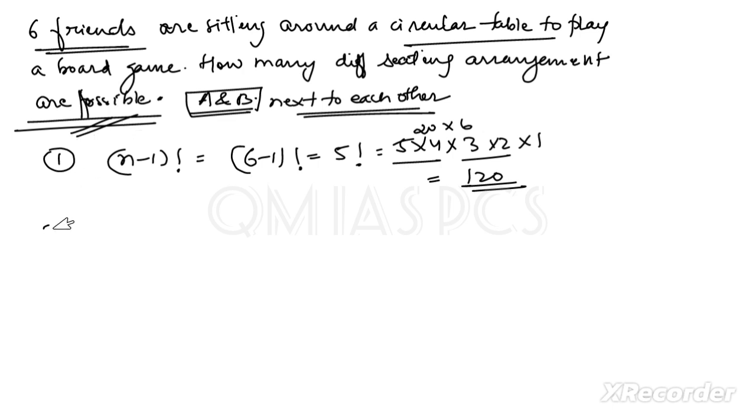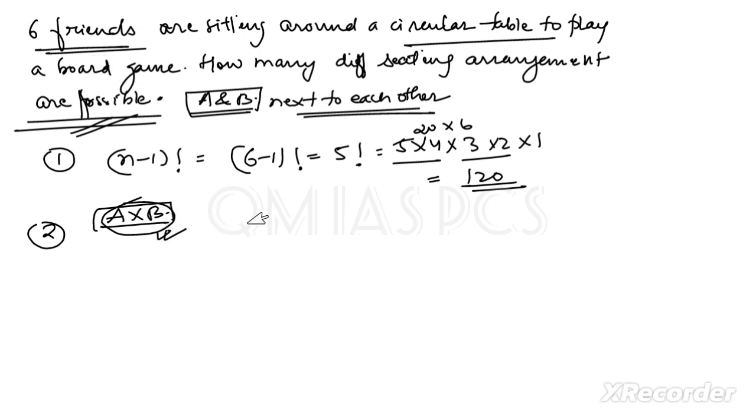For the second one, there is a condition that A and B will sit next to each other. In this type of question we have to consider A and B as one single person, a single entity. So how many friends are there then?